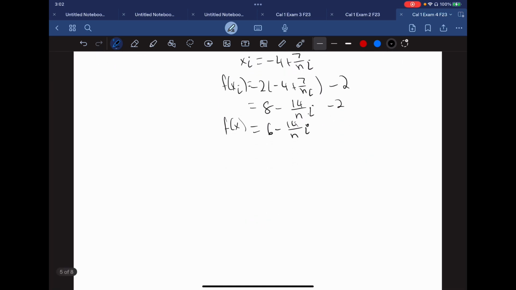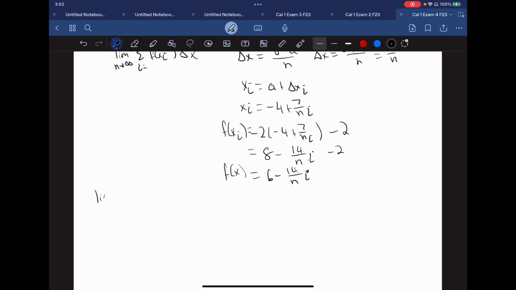Now that we have everything, let's plug it all in, right? So let's start with the limit as n approaches infinity, right? And then sigma notation, f of x i is going to be our 6 minus 14 i over n, and then delta x, which is going to be our 7 over n.